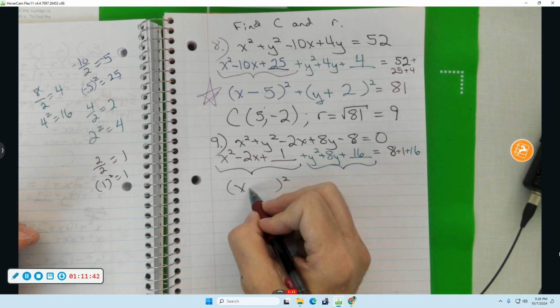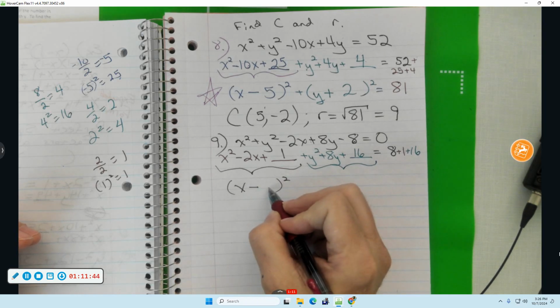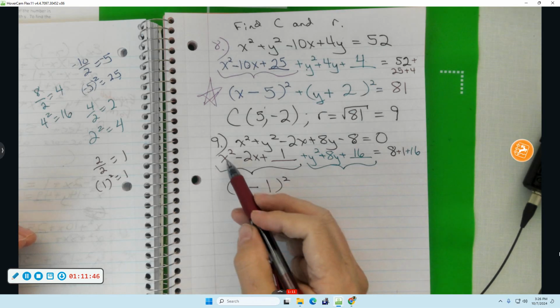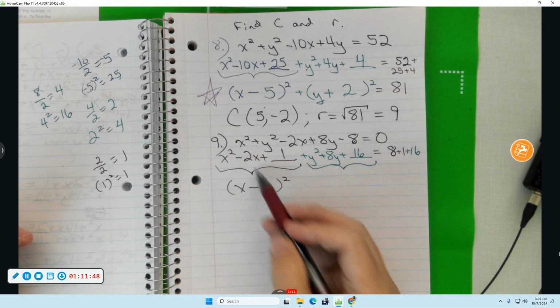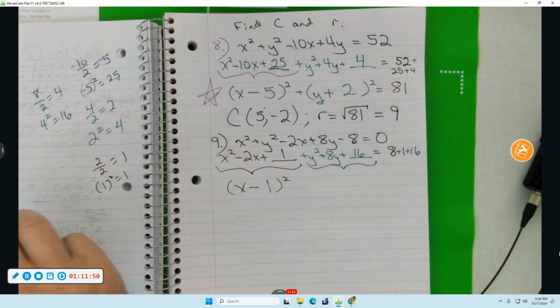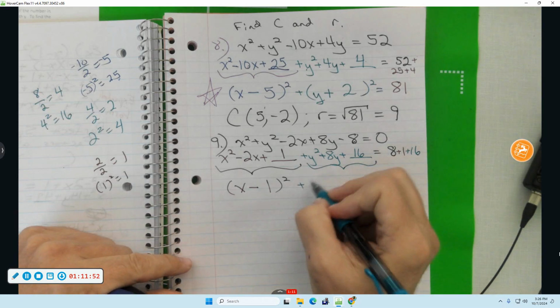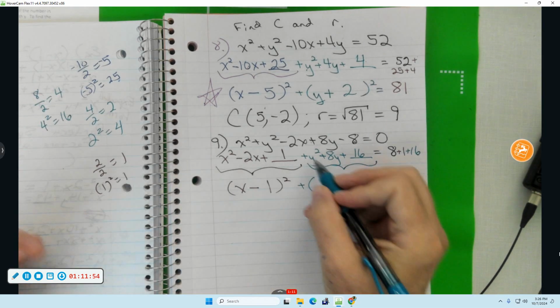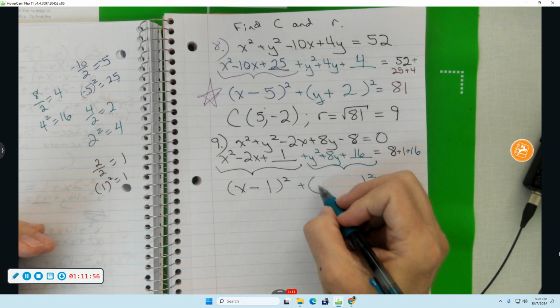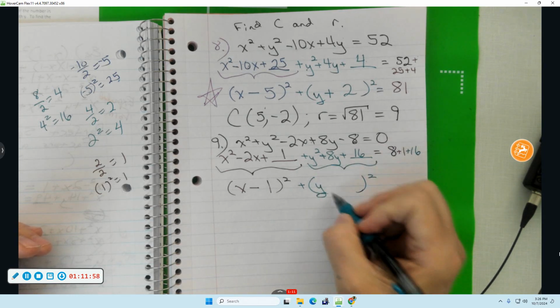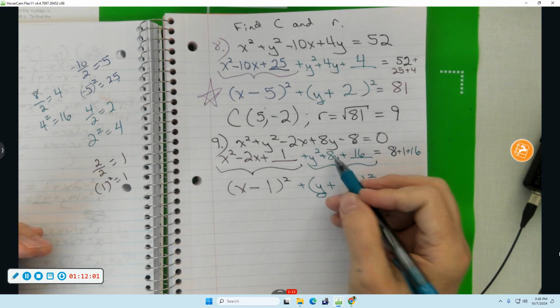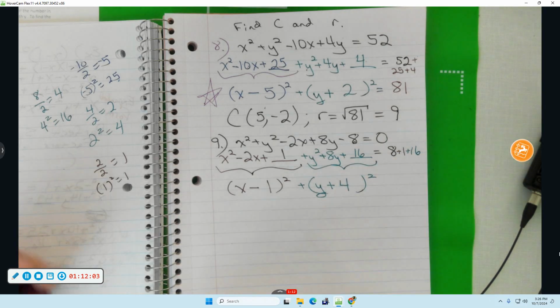X, sign, number, that's right: variable, sign, half of that number. Now the y parentheses. Variable y, the sign is a plus, half of 8 is a 4.